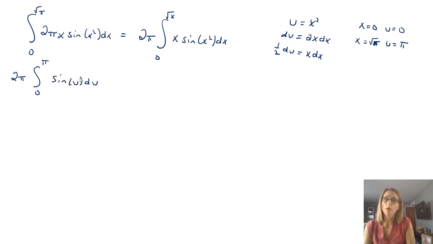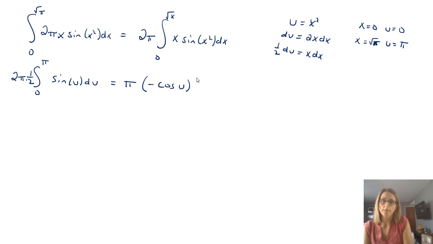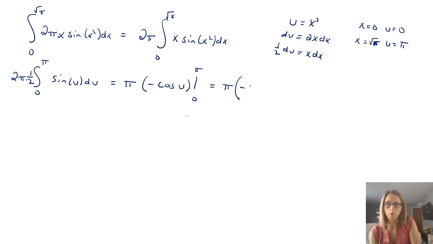u du. And then we also have that 1/2, and so I can put that out here, and that's going to be great because, as you can see, that simplifies with the 2. So I just get pi, and then I will take my antiderivative of sine u, so that's going to be a negative cosine u, integrated from 0 to pi, and so we'll have pi times negative cosine pi minus negative cosine of 0.